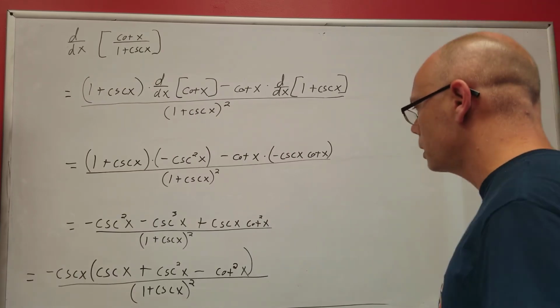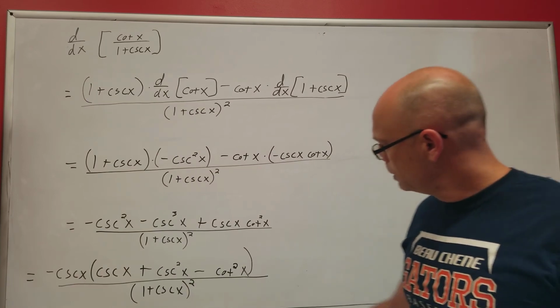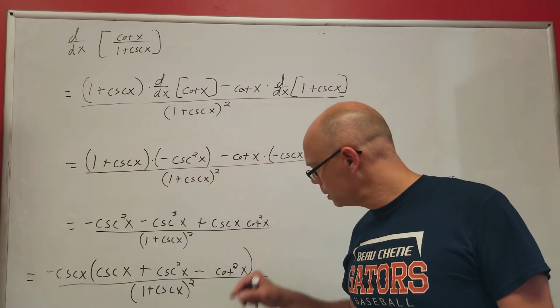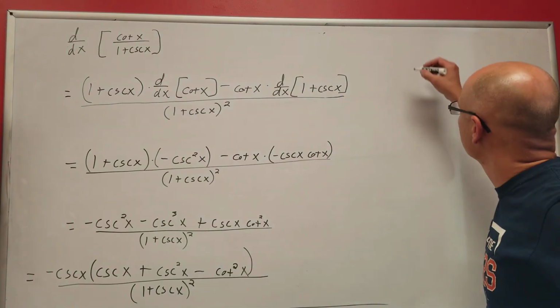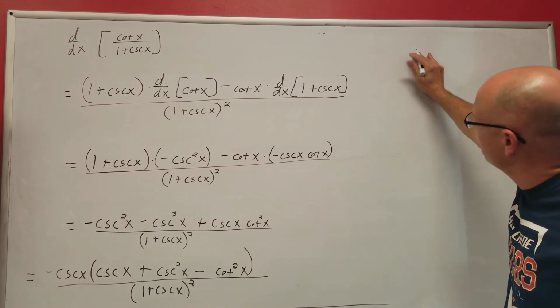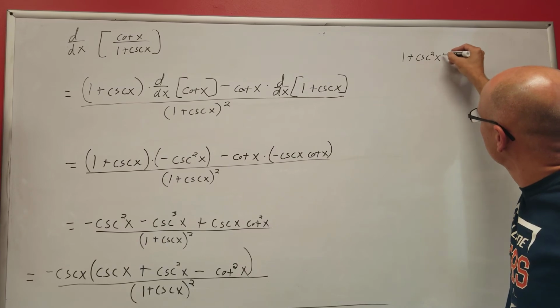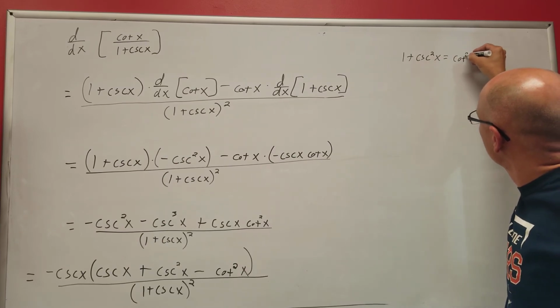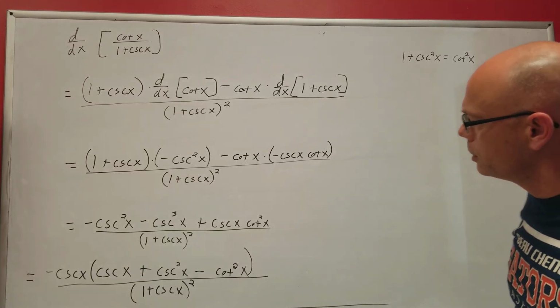Alright, let me see if I could do something in here, especially with this cosecant squared, cotangent squared, stuff like that. Let me think about my identities. What do you have for Pythagorean identities with a cosecant and a cotangent? Remember this one? 1 plus cotangent squared is equal to cosecant squared.